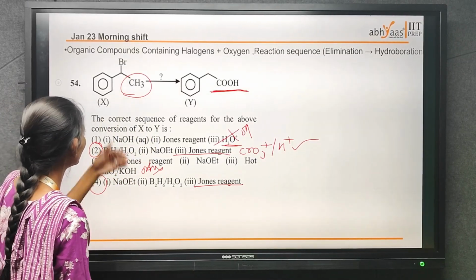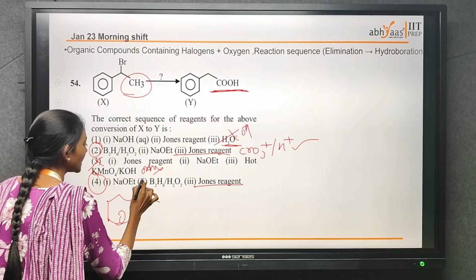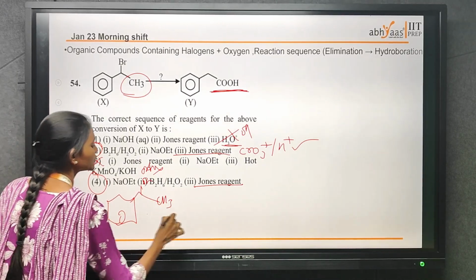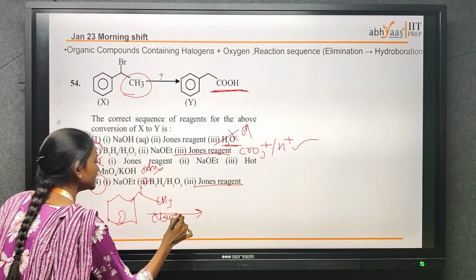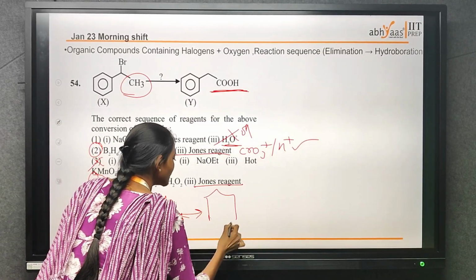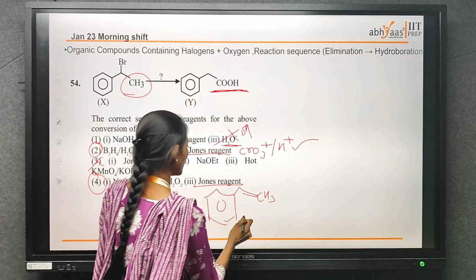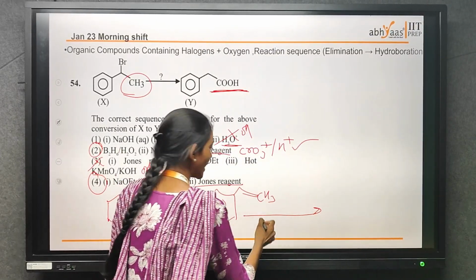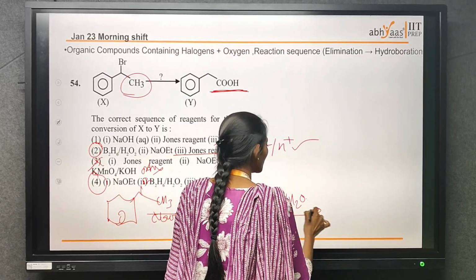And moving on to see, while doing the reaction, what happens here? Br, CH3, NaOEt. So what happens here? You are getting your molecule which is CH3, right? So upon doing hydroboration, which is B2H6, what will you get? Alcohol, right?